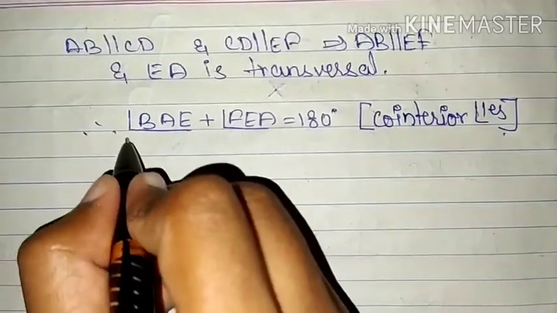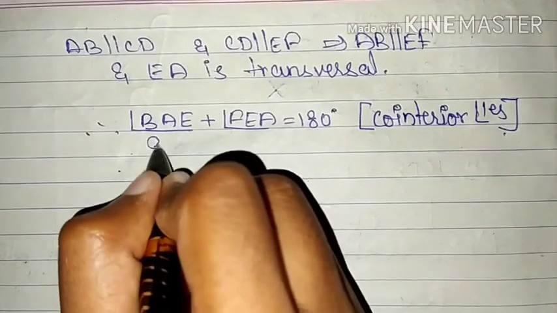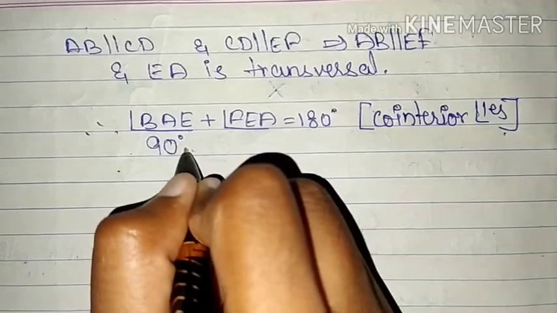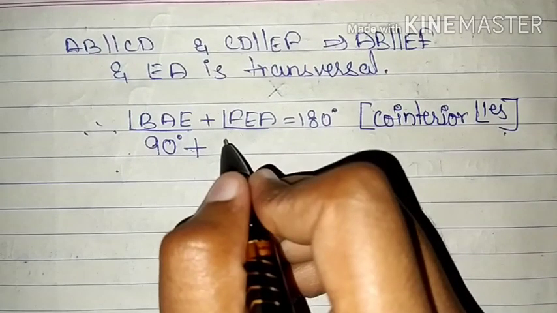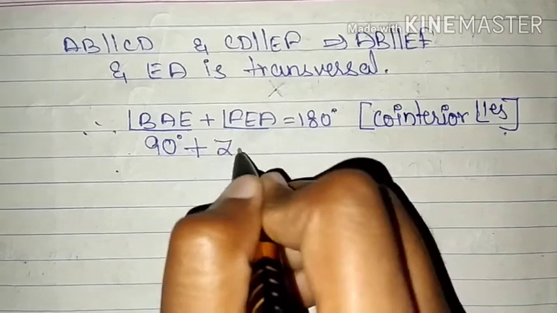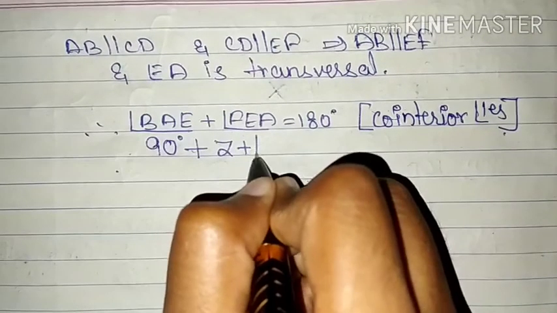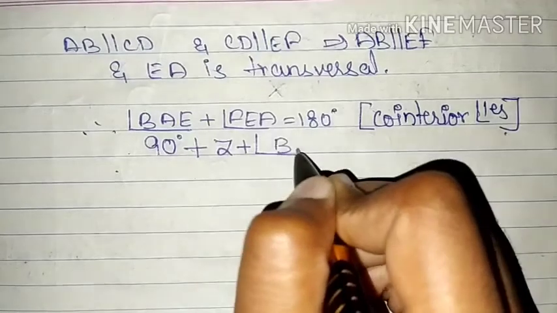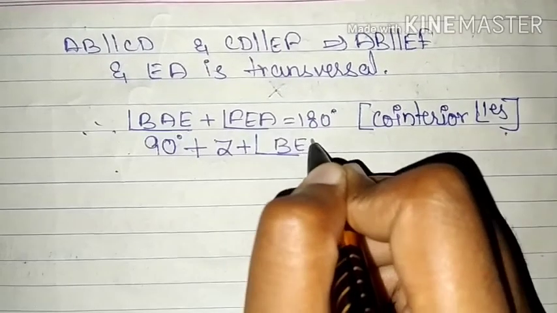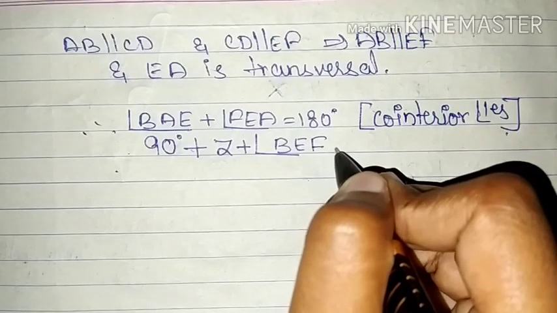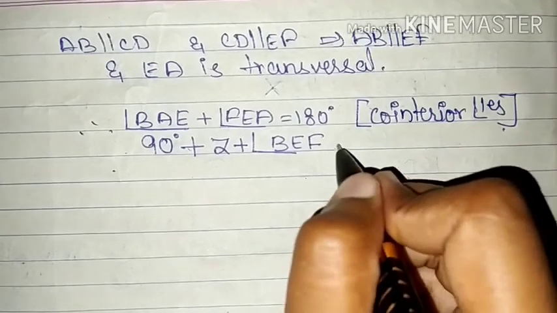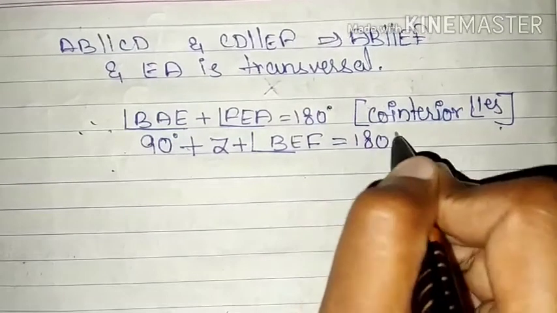But we know that angle BAE is a right angle which is equal to 90 degrees, plus angle FEA is made of two angles. One is angle Z plus angle BEF. These are the two angles which it is made up of, and this sum is equal to 180 degrees.